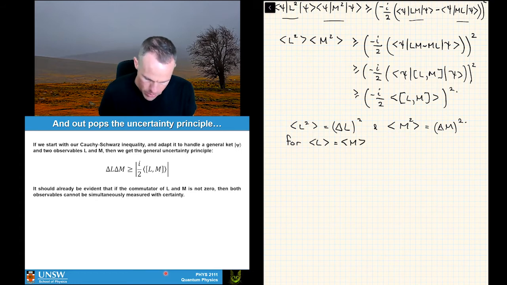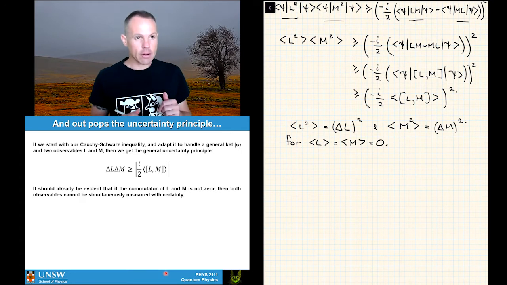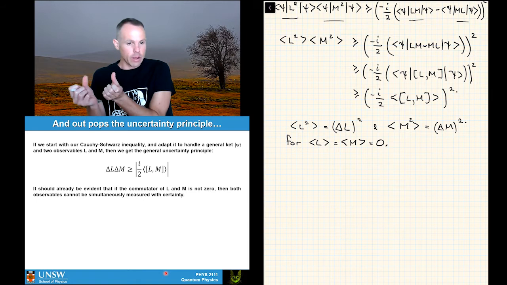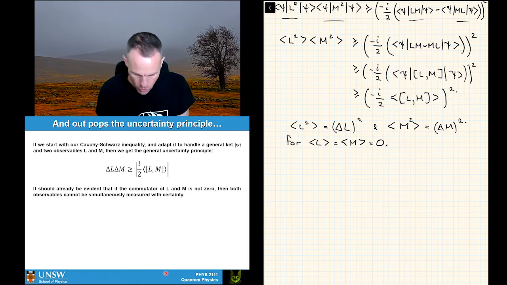For zero mean for both those two functions. And you'll remember way back, what we also had to prove was that that uncertainty doesn't change when we shift the function away from zero mean, okay? So this result also holds.